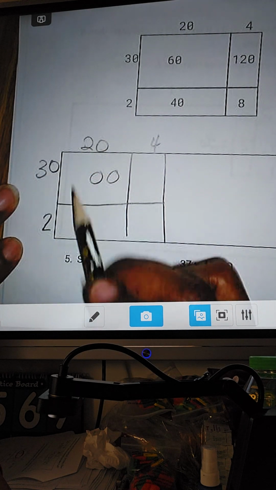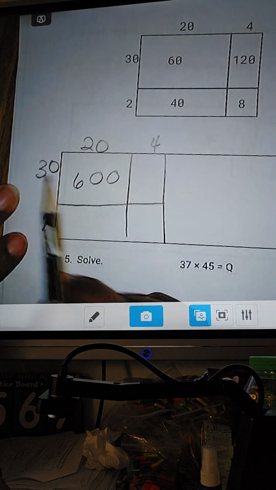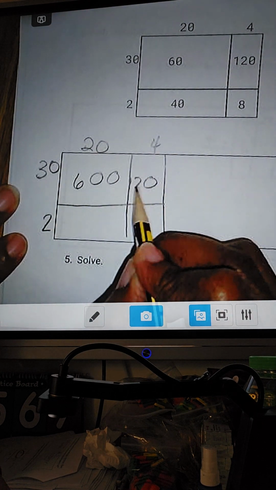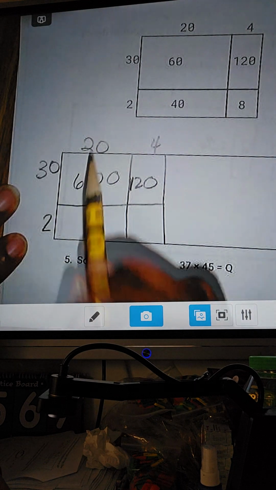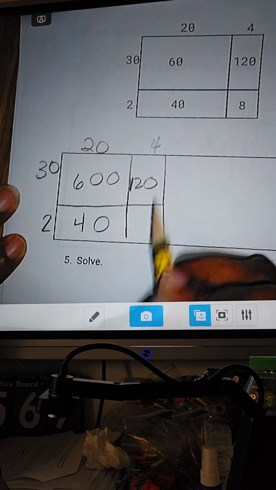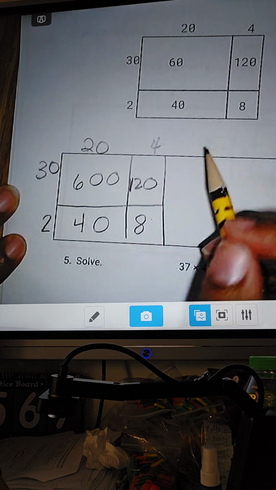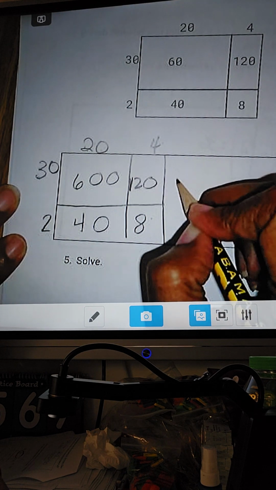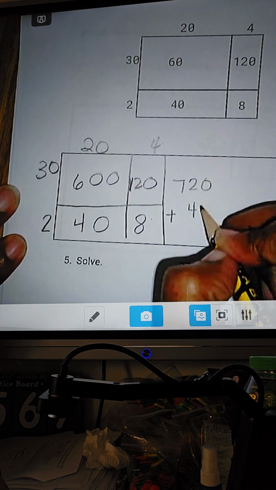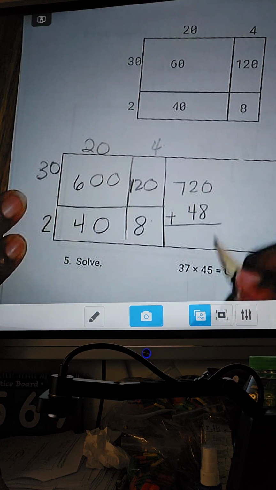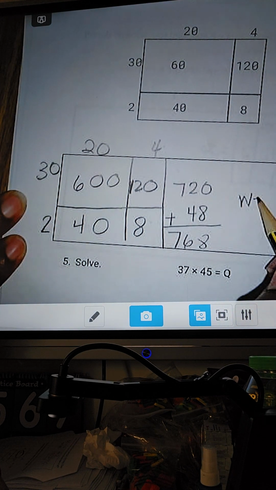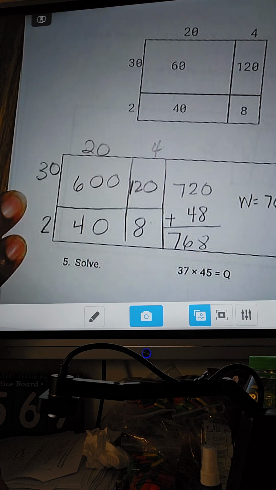And then 30 times 2 is 60. 30 times 4 is 120. 2 times 20 is 40. 2 times 4 is 8. If I add it all together, 720 plus 48 equals 768. W equals 768.